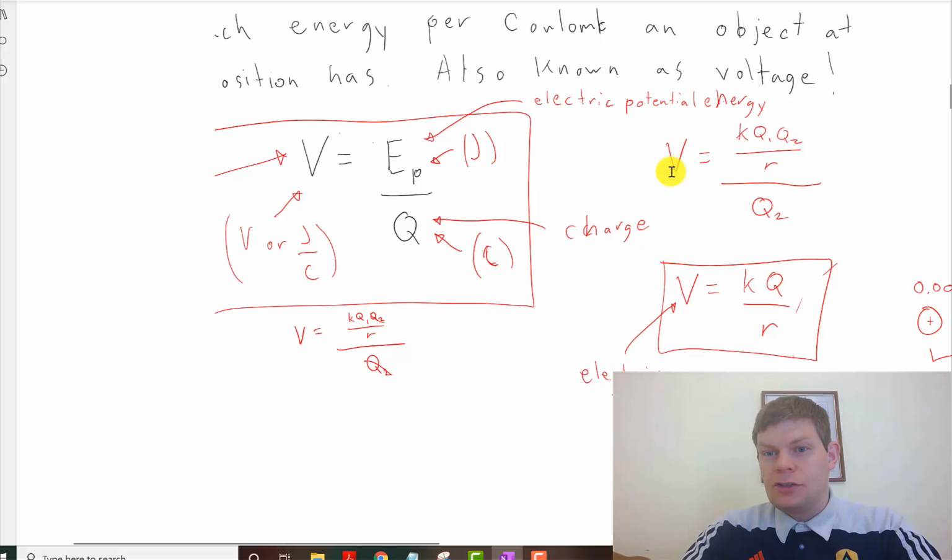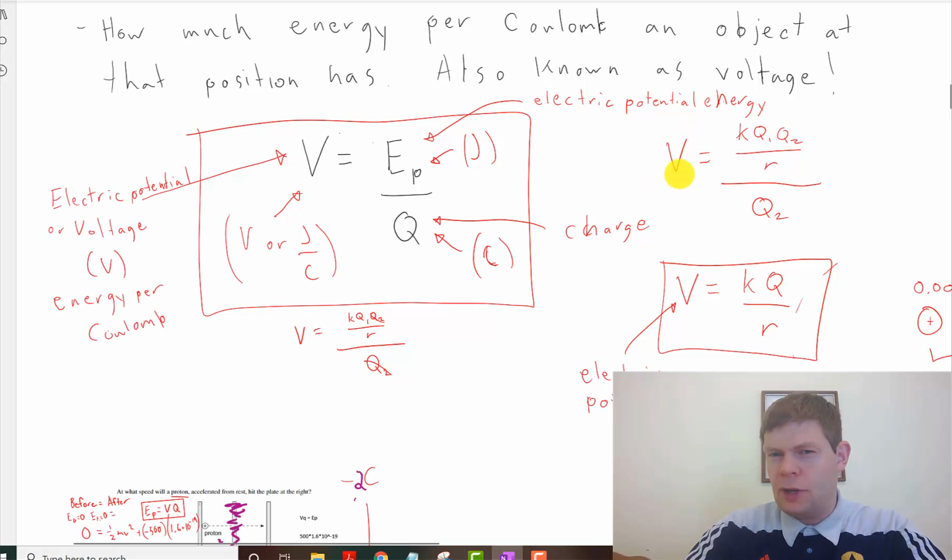Anyway, we can come up with another formula since our electric potential, our joules per coulomb, is kind of a measure of energy per coulomb. We could just put our formula for potential energy divided by how many coulombs is kind of causing the voltage, and we end up with this formula.